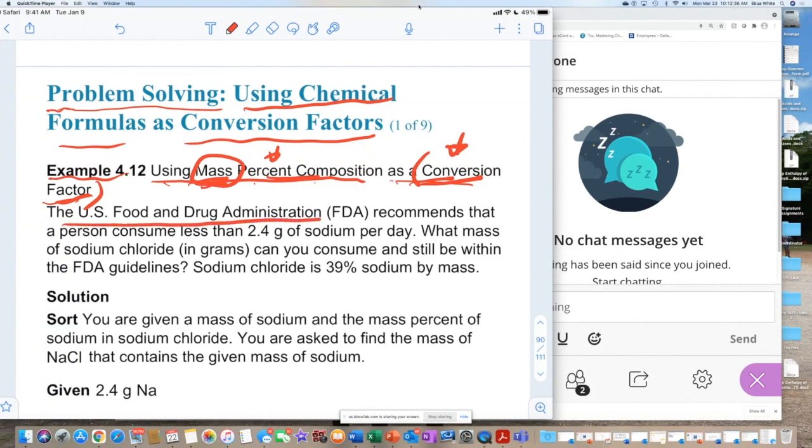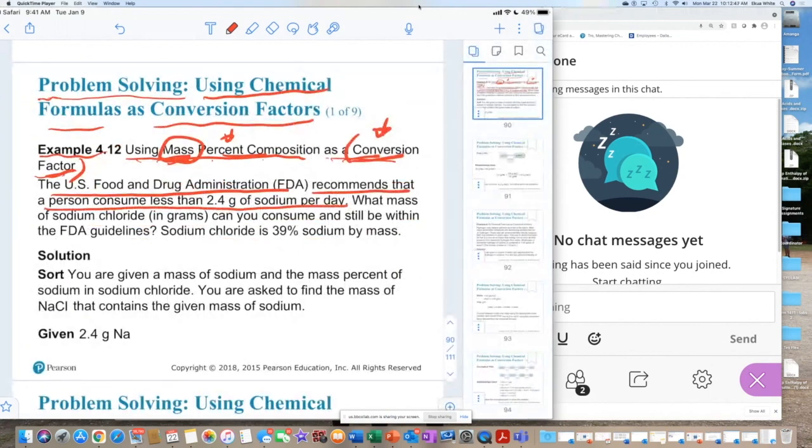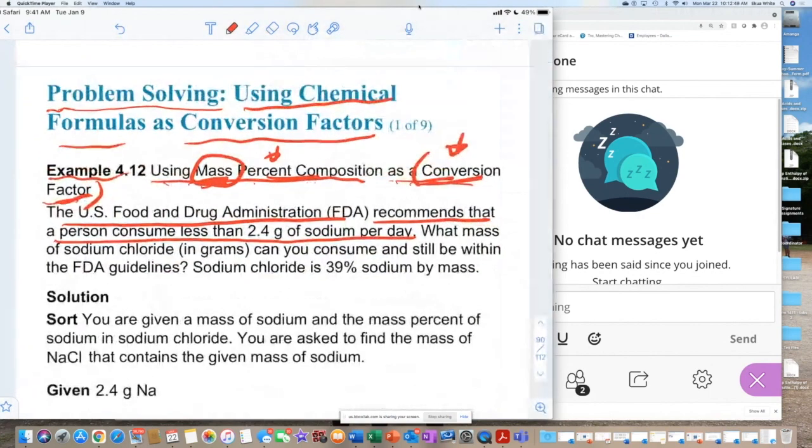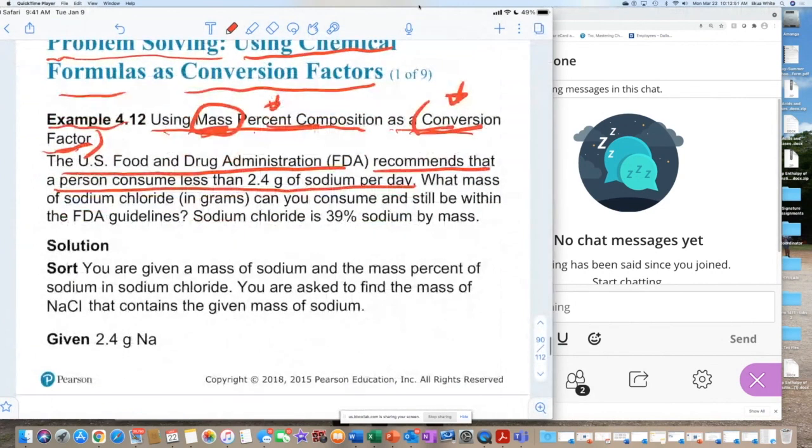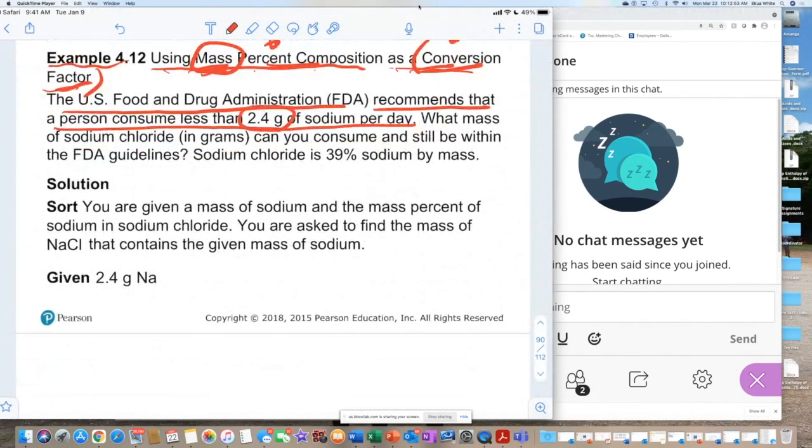The US FDA, the US Food and Drug Administration, recommends that a person consume less than 2.4 grams of sodium per day. Okay. Since I know the context is, the plan is we're going to be converting something, right? But we're going to be using mass. Then the first mass I see here is important. 2.4 grams. And they said of sodium.